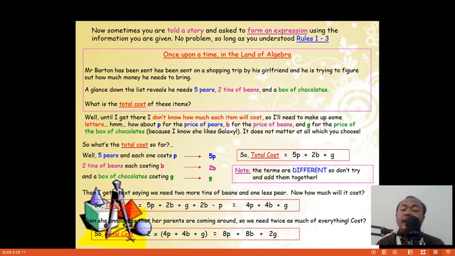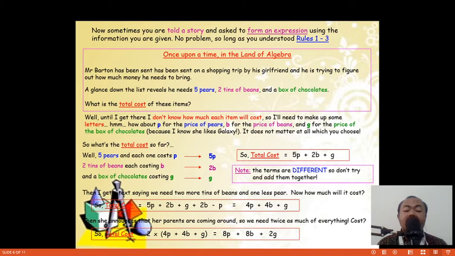Now, how much will it cost? 5p, the first answer of the total cost, 5p plus 2b plus g, and then you have to add 2 more tins of beans. It means you have to plus 2b, and 1 less pear means minus p. So the answer is 5p minus p becomes 4p.